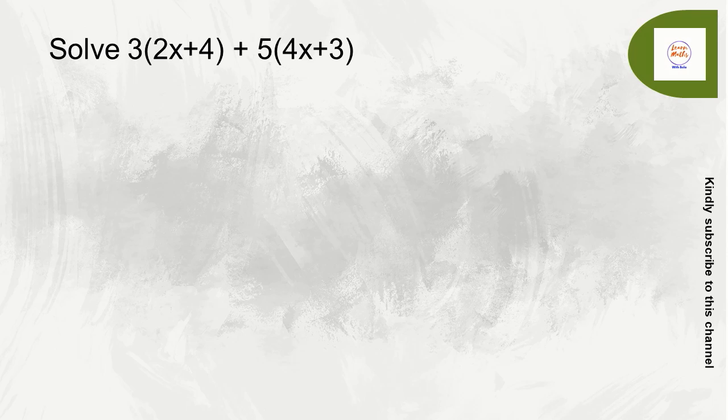So let's continue. Now solve 3(2x + 4) + 5(4x + 3). The expression is clear enough that we have to first eliminate the brackets before we can do anything else.